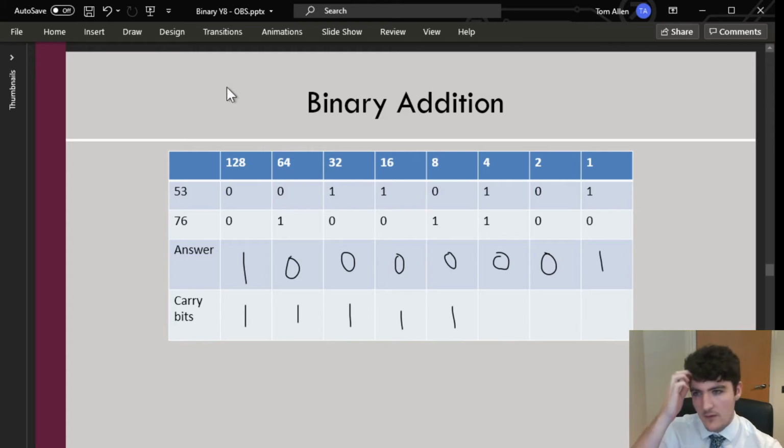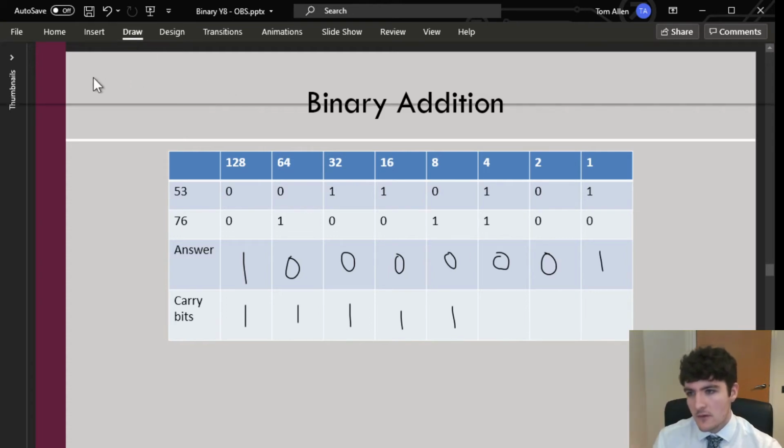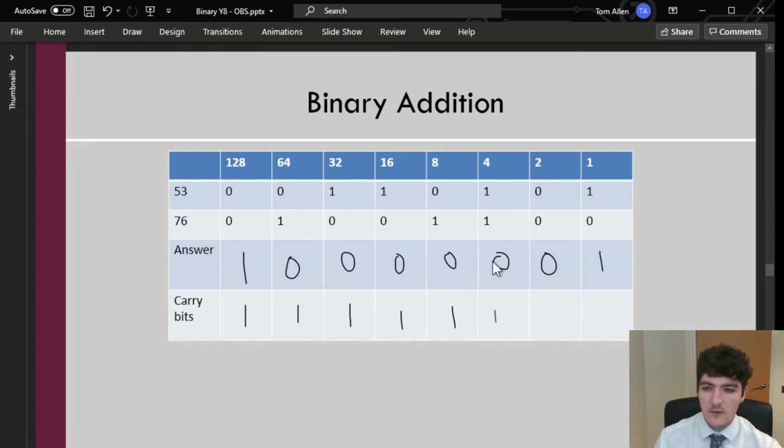So say if we had a 1 underneath here, you would do 1 plus 1, which would be 0 carry 1, but we've got that 1 as well, so it would be 1 carry 1. But that's fine. You can have a go at that in a second.